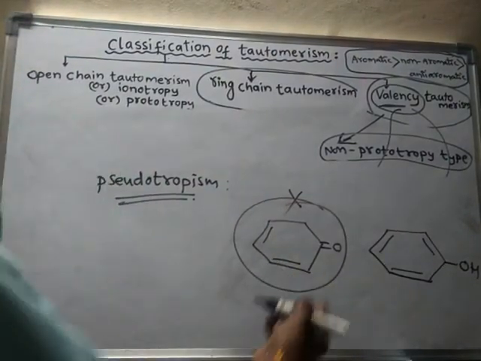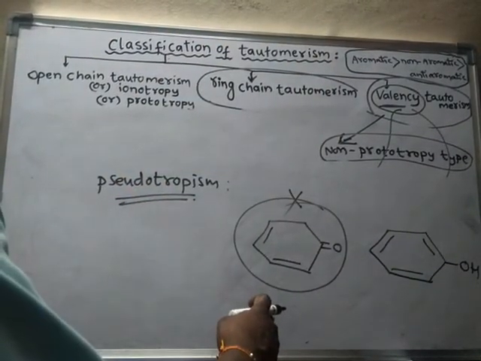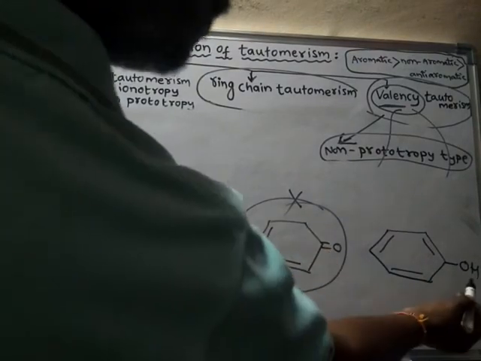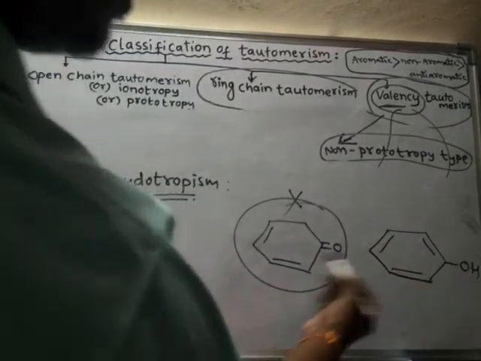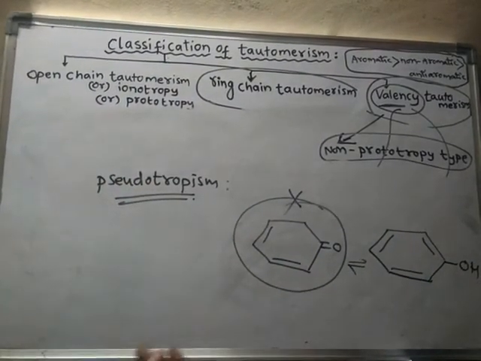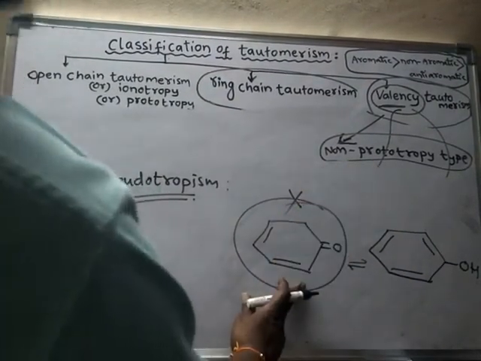If this hydrogen shifts to here, this bond will shift here, and these two should exist in equilibrium. But even though there is a chance of formation of this compound, it does not form.